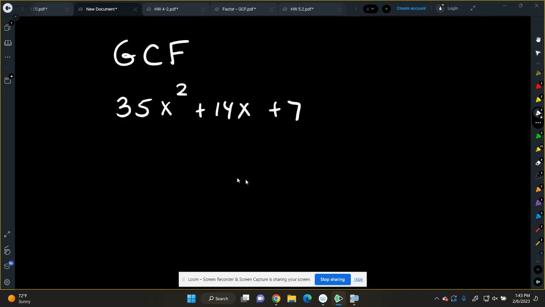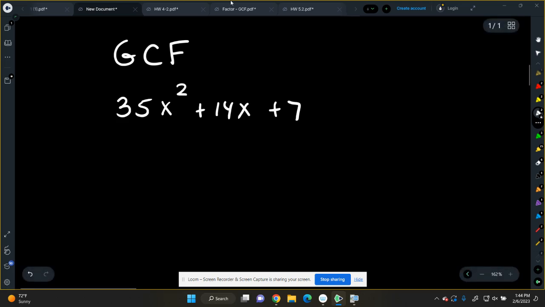Okay? So what we're going to do is we're going to look at all of the terms in there. There are 3 terms. 35x squared is one of them, 14x is another, and 7 is a third one. And we're going to look to see what goes into all 3 of them.